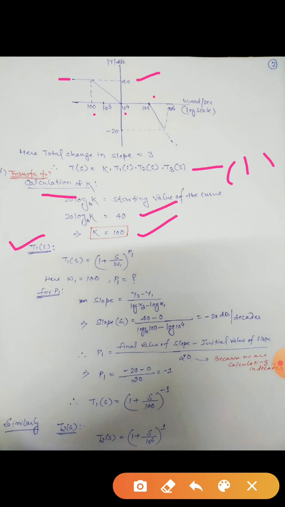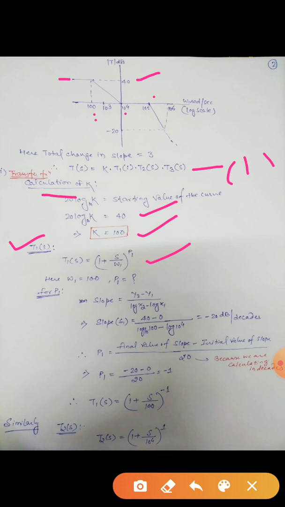Now the second unknown parameter is T1 of s. T1 of s is to be calculated by 1 plus s by omega 1 to the power p1, where omega 1 is the change in the value of frequency and p1 is the value of change in the value of slope. So here omega 1 is 100. Why? Because it is the first transfer function, that means it is the first change in the value of slope.